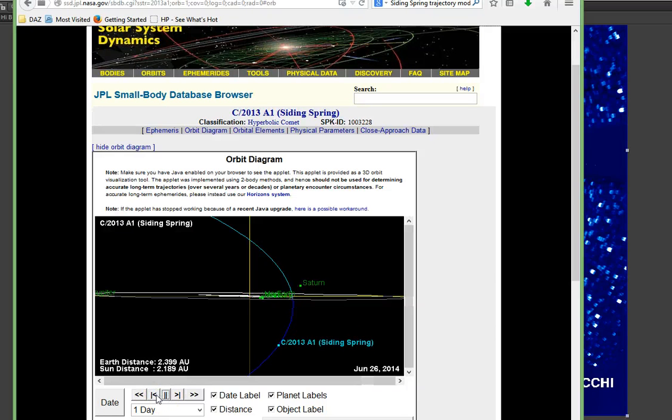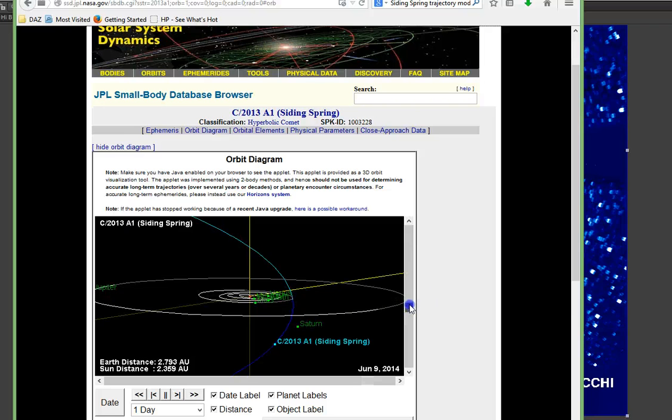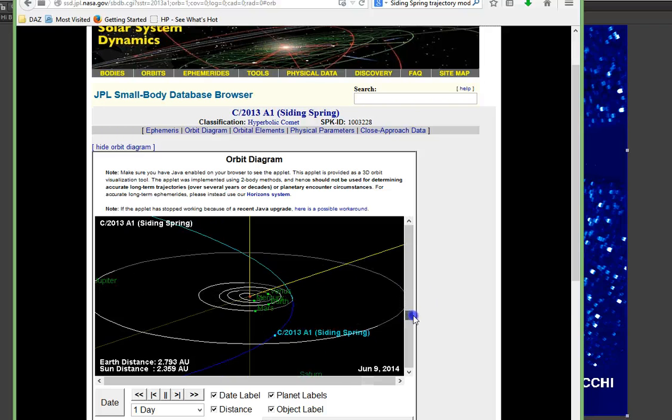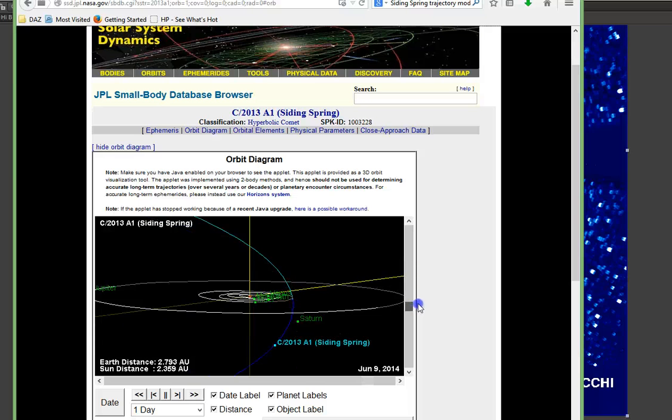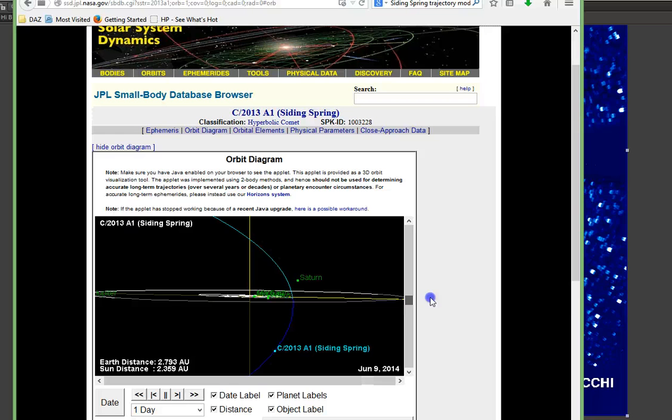Okay, and we're getting close to today's date of the 9th. There's Saturn, and we see Mars there, and the Earth from the angle of STEREO B. Here again is the trajectory, as you can see it coming up from under the solar system's ecliptic.